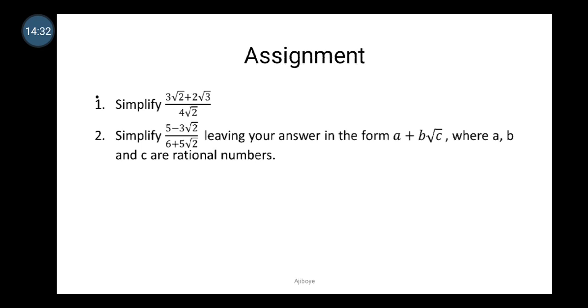The assignment as well is not so different from the classwork or the example explained. So look at the assignment carefully, take your time, attempt, and forward your attempt to my WhatsApp number. This assignment is due first thing tomorrow morning.